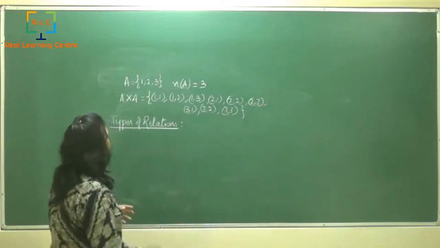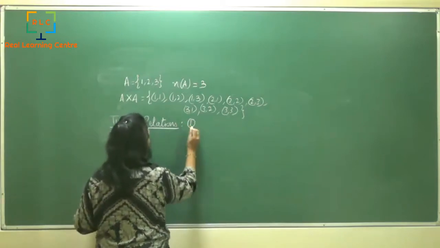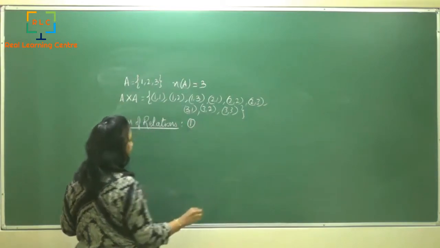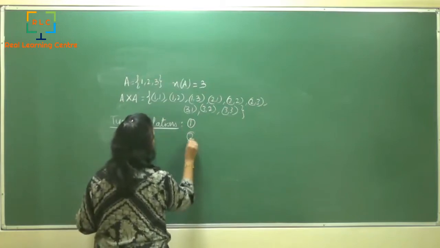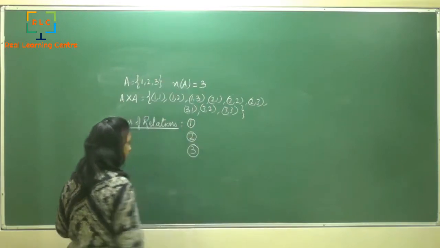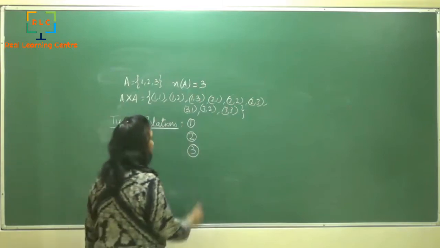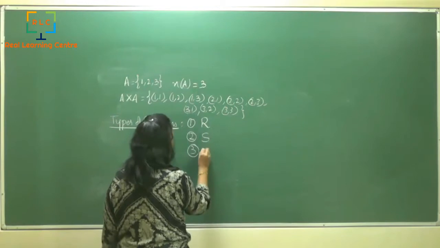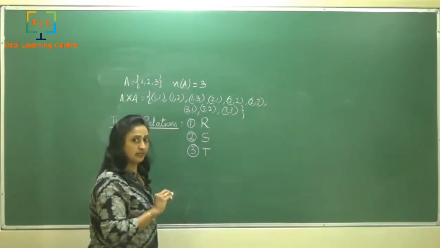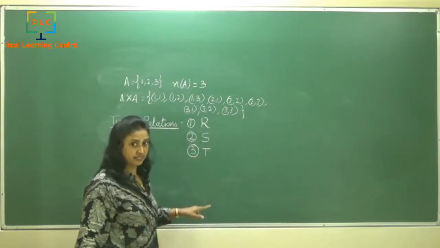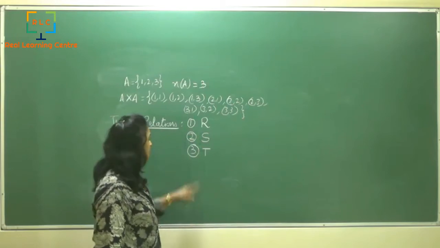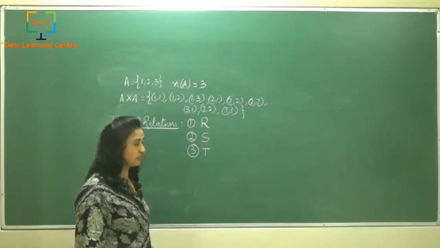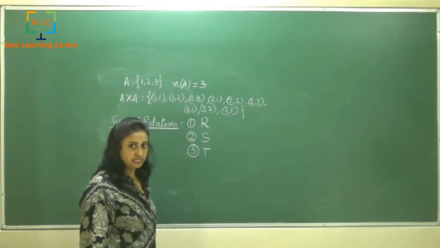The types of relations, the first ones: I want you to remember them like this. 1, 2, 3, consecutive numbers with consecutive alphabets R, S, T. R indicates reflexive relation, S indicates symmetric relation, and T indicates transitive relation.